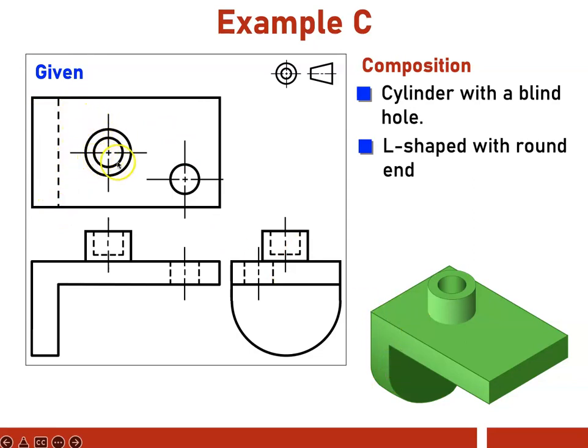So we have two circles because we have a hole, and we have another circle over here. Another circle, and this circle has a hidden line, so we know that there should be a hole over here, and indeed there is a hole. Ta-da! Okay, moving on to the next example.